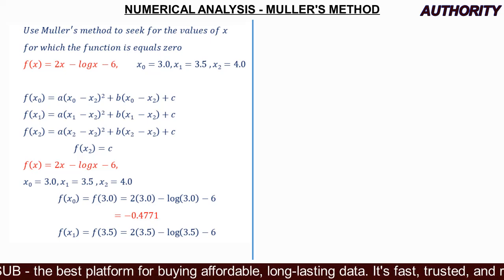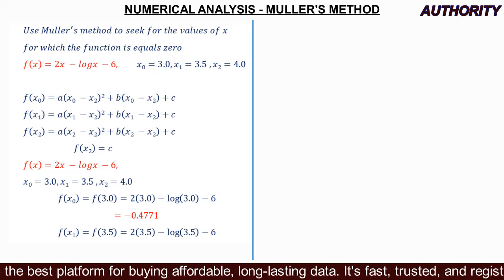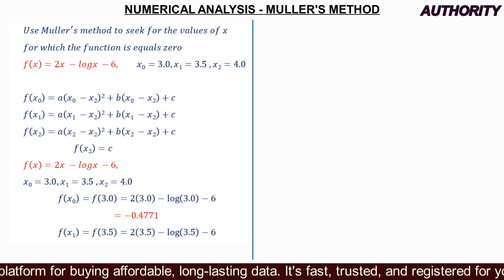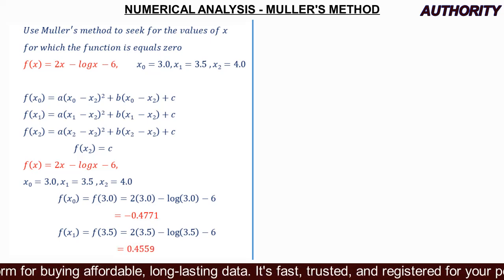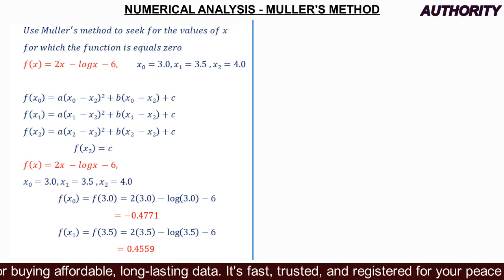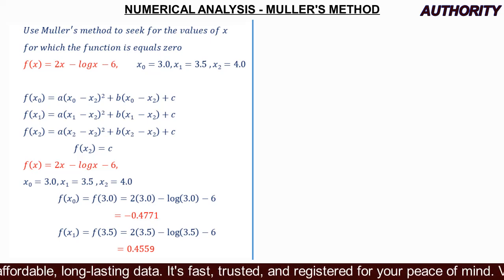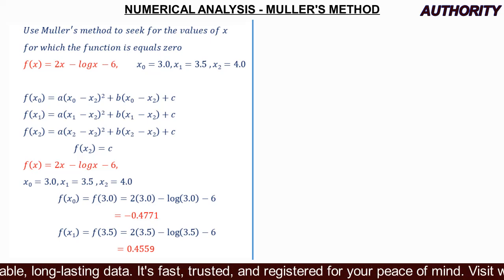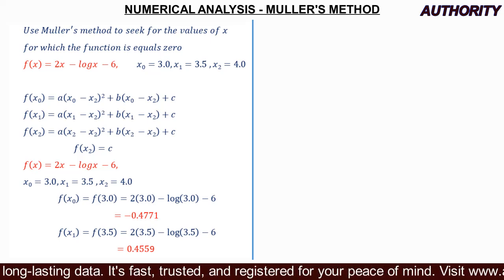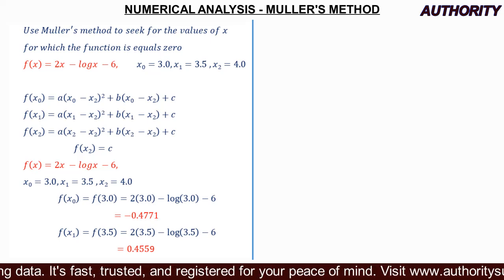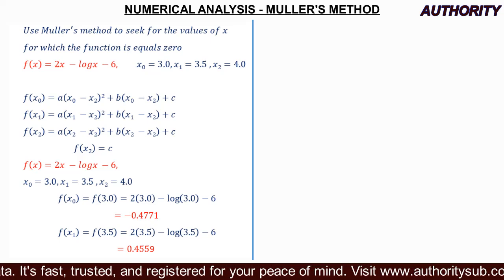So that means we're going to have 2 open bracket 3.5 minus log 3.5 minus 6. When we evaluate this, it's going to give us 0.4559. Therefore, we see that f of x1 is 0.4559. Good.